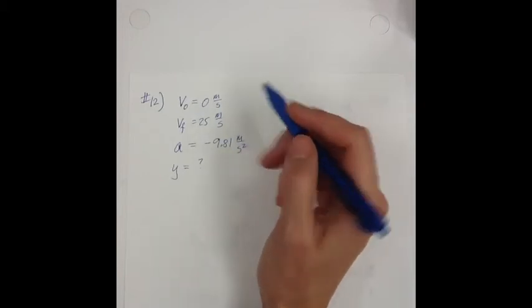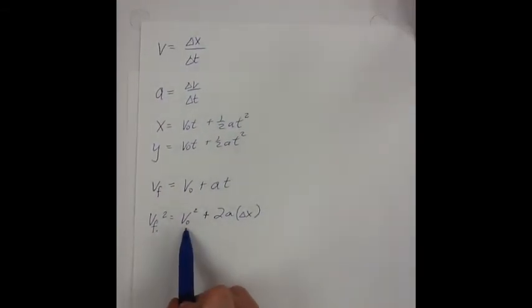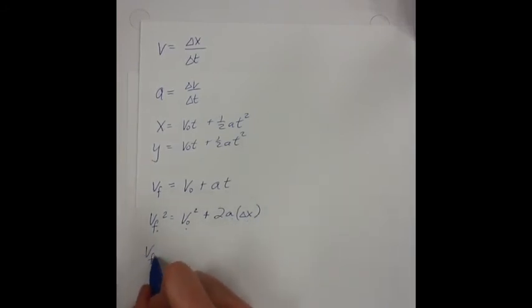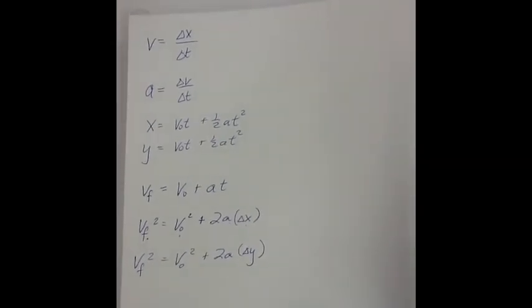The other way you could do it is you could use this other equation down here. This VF squared is VO squared plus 2A, and instead of delta y, you would plug in delta x. So it's velocity final squared equals initial velocity squared plus 2 times the acceleration times change in y. So either way is fine. I'm going to do it the first way because those equations are going to feel more familiar to you. Those are the ones we're going to use most often.